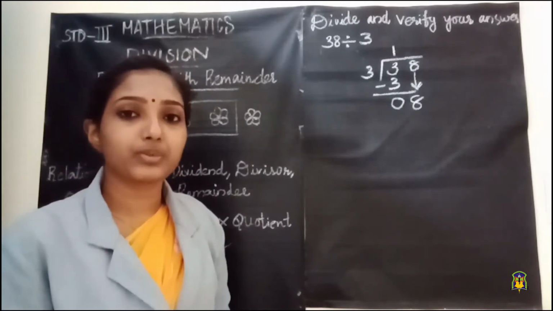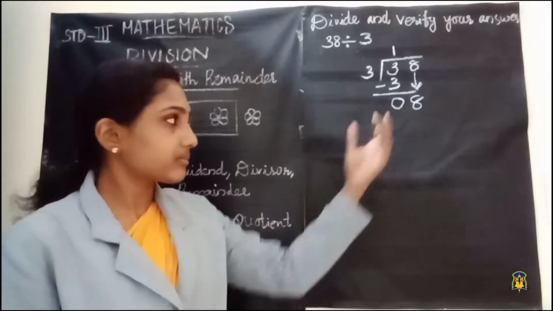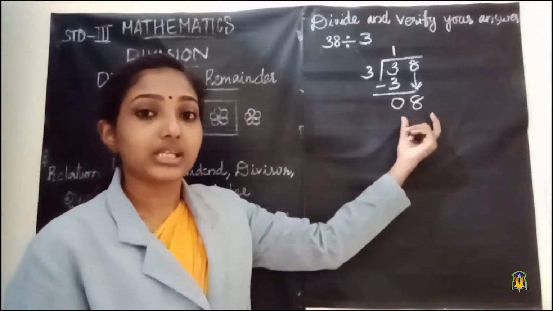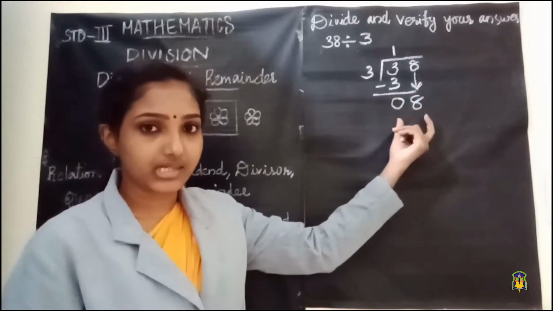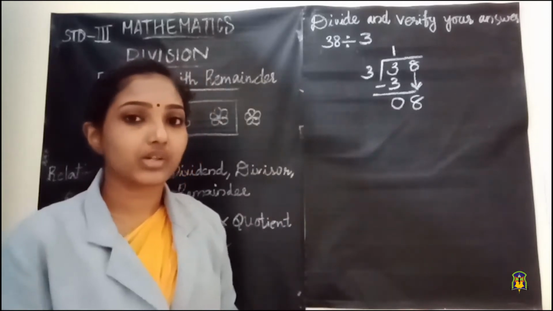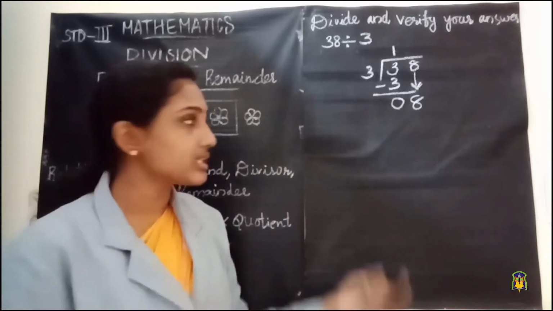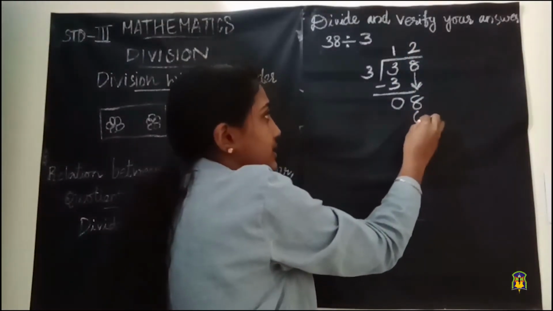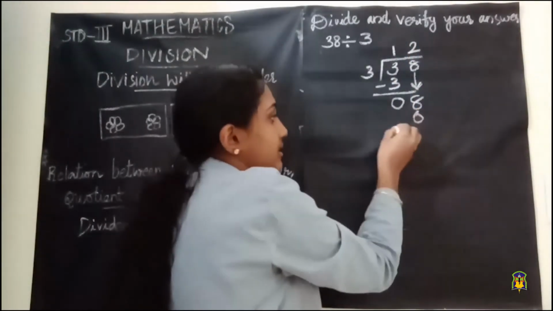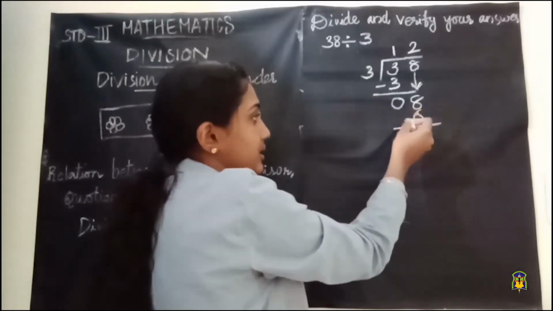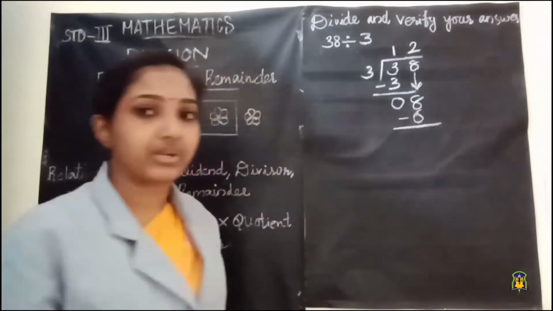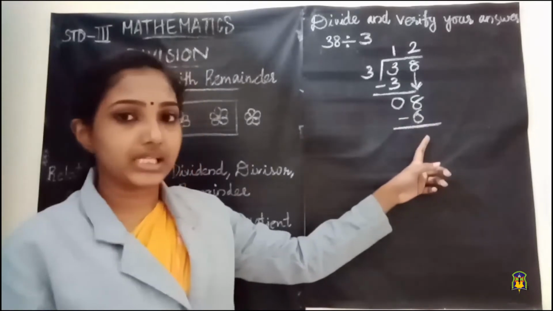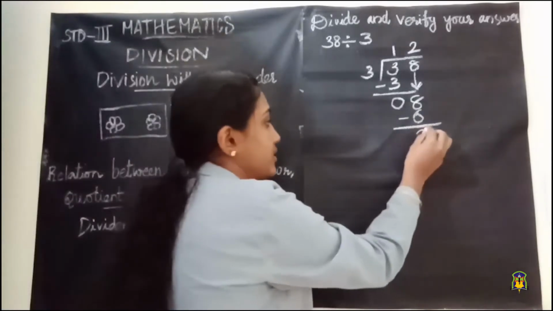We will go for 6 because 6 is less than 8 and also nearest to 8. So 3 into 2 is equal to 6, and on subtracting, 8 minus 6 is 2.